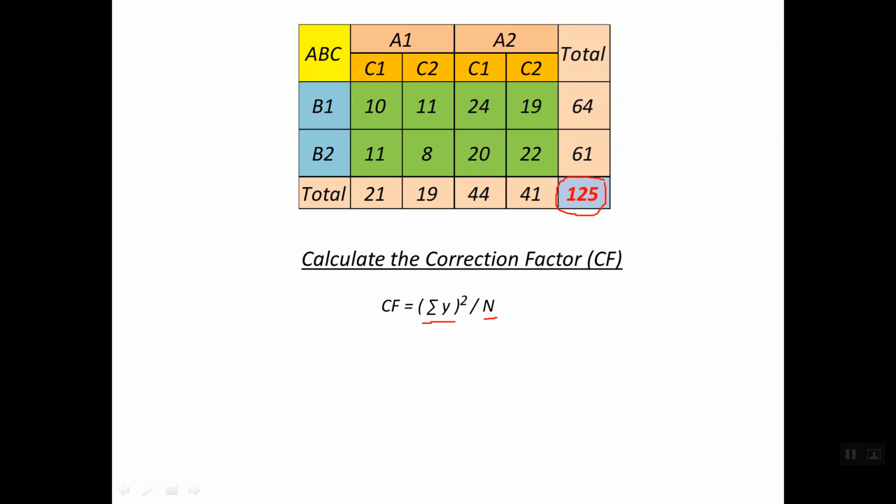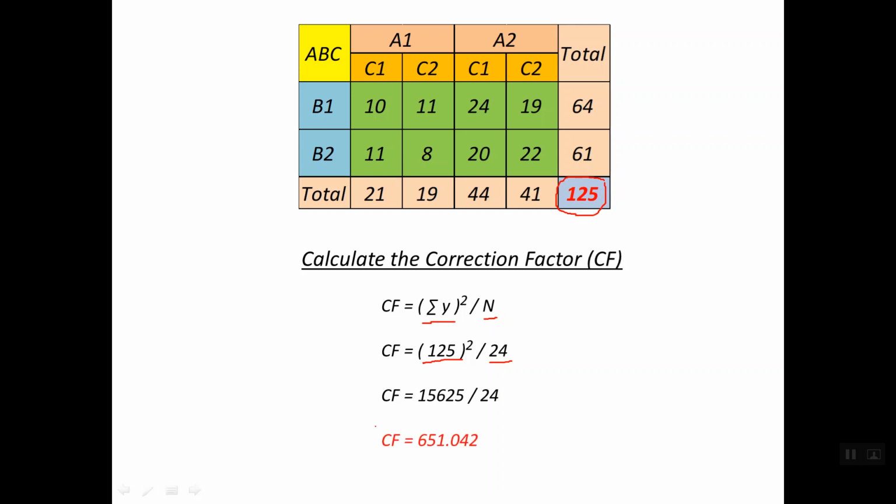So we square the 125, and regarding capital N, it represents the total number of observations, which is equal to 24. So we square the summation of the total observations and divide it by capital N, which is 24.